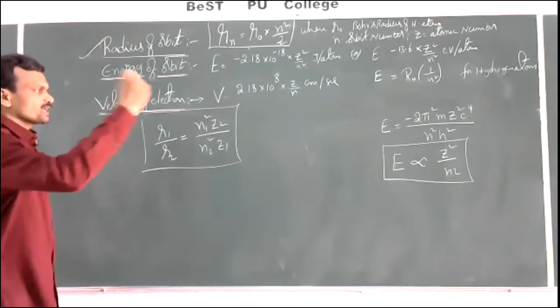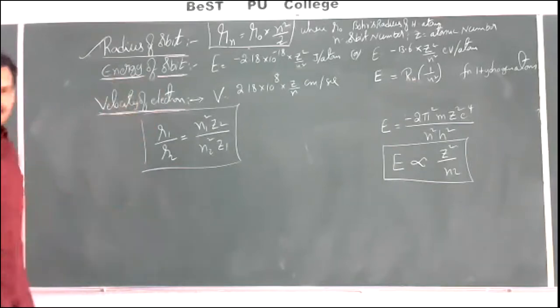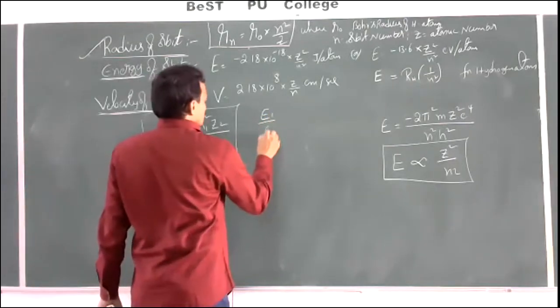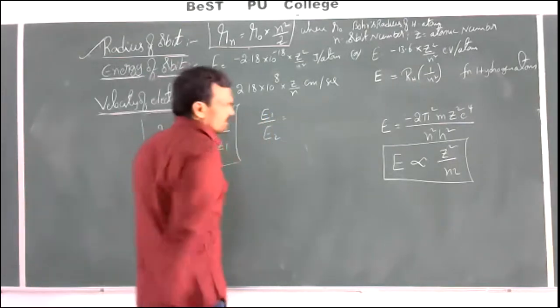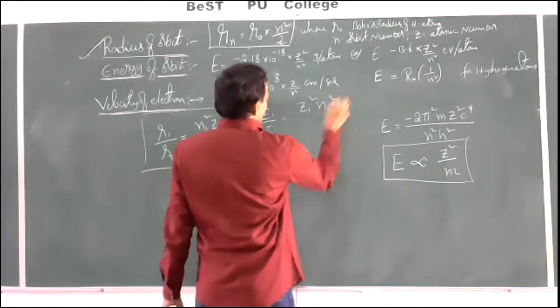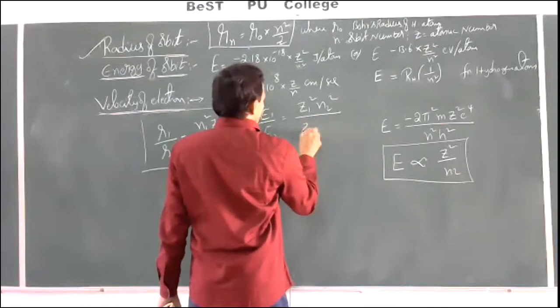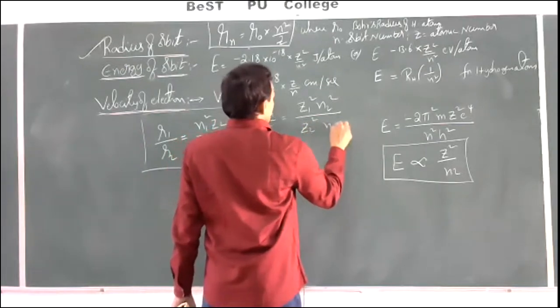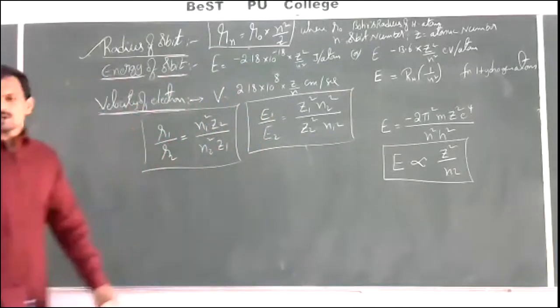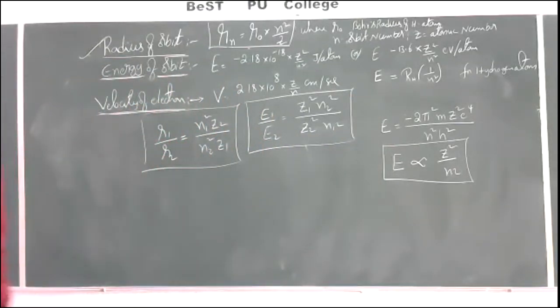And if you are comparing the energy of two different orbits, then E1 by E2 is equal to Z1 square N2 square by Z2 square N1 square. This is the formula used to compare energies of two different orbits of different atoms.